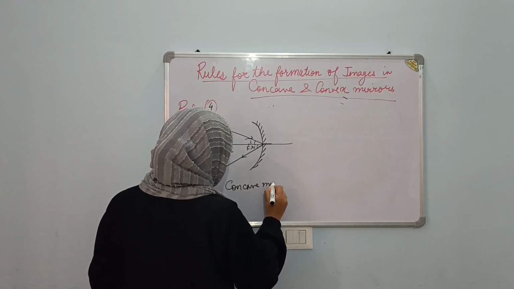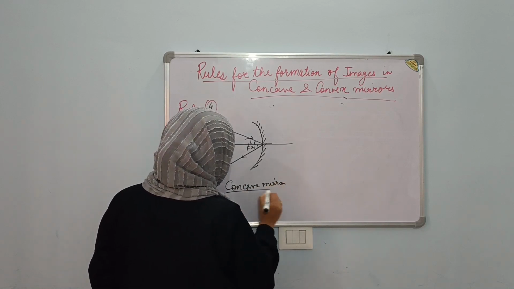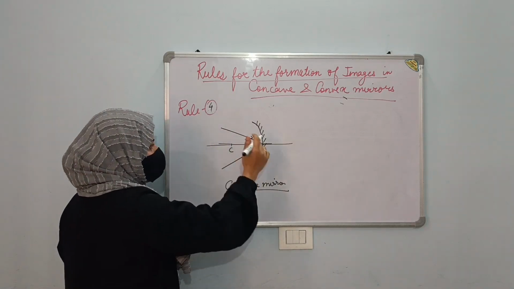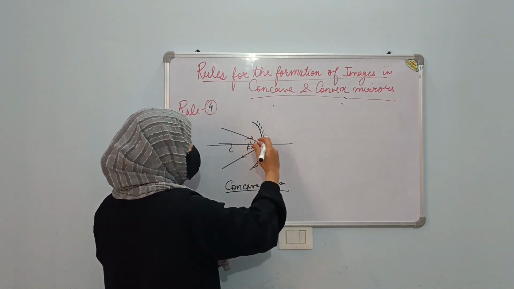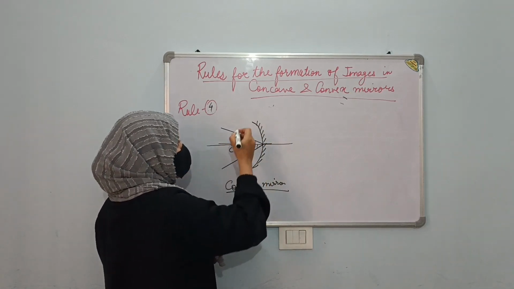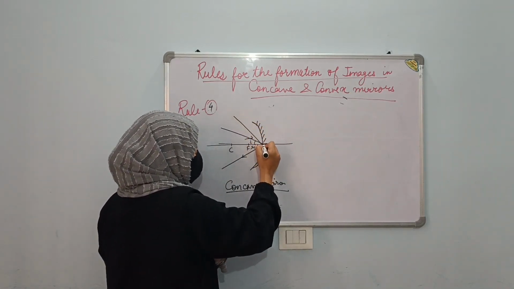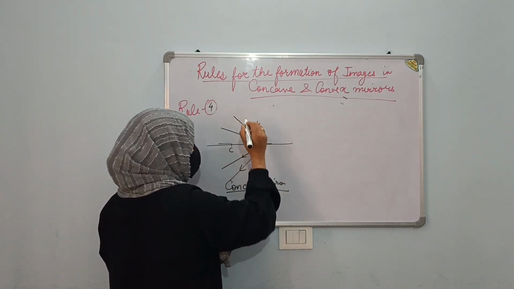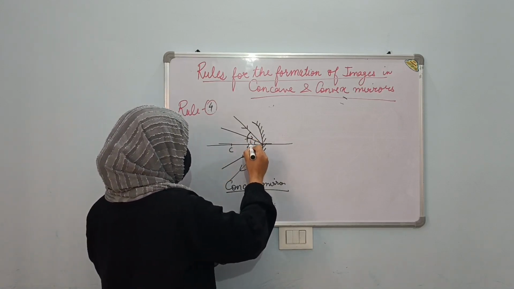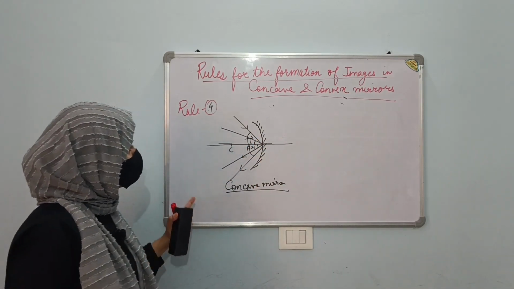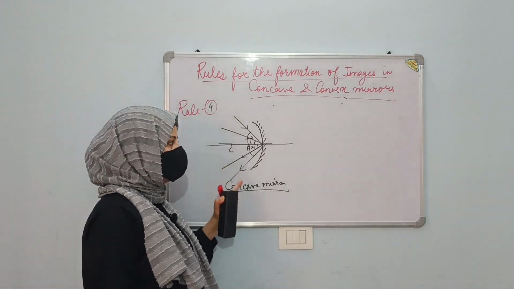So this is the case of concave mirror. Whenever the light is striking at the pole, here it is following laws of reflection. If it is oblique, even if we are striking at this angle, the rays will be reflected this way. Okay, and this will become angle of incidence and this will become angle of reflection. All right, and they both are going to be equal.